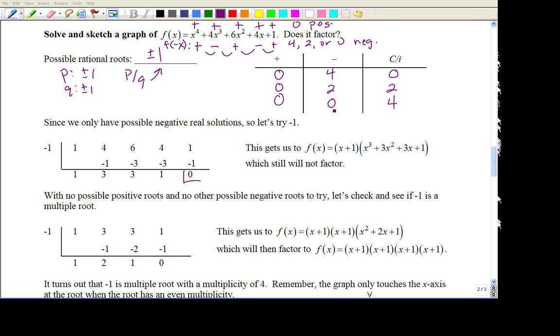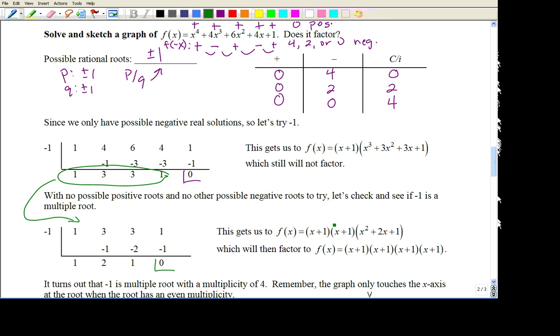We found 1, so there must be another one, or 2, or 3. So we take the row we've already used, since we've already taken out the -1, and if we take out -1 again, look at that, we are left with another remainder of 0.